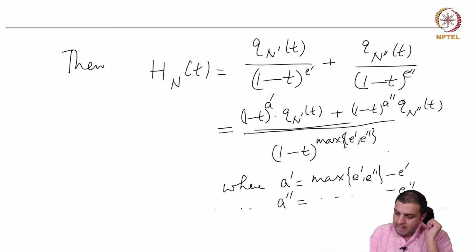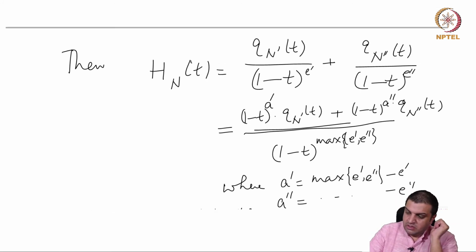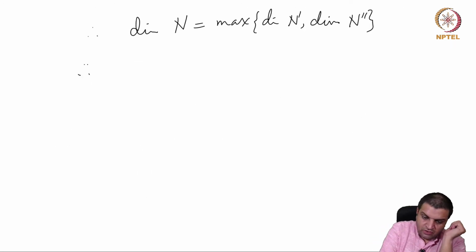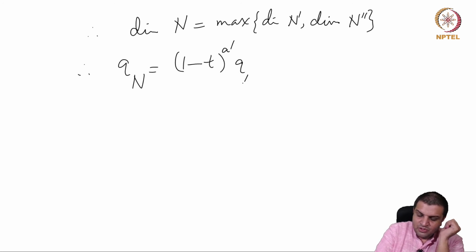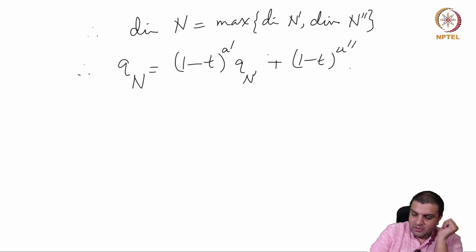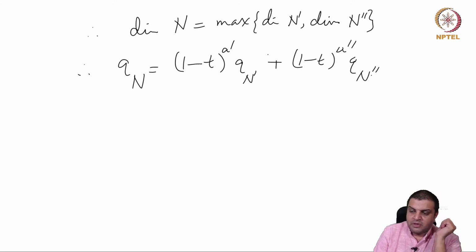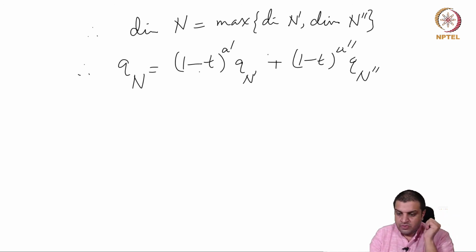So once this is max, this is the potential candidate for Qn, and so then we can do that. Now we can conclude that Qn is equal to 1 minus t to the a prime Qn prime plus 1 minus t to the a double prime Qn double prime. And at most one of them is positive.